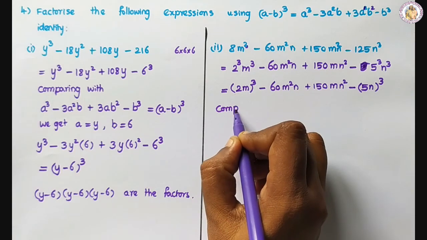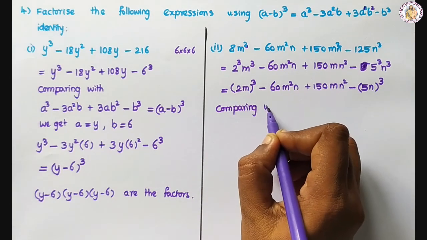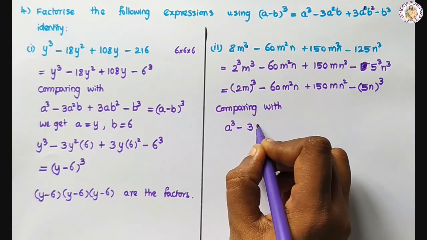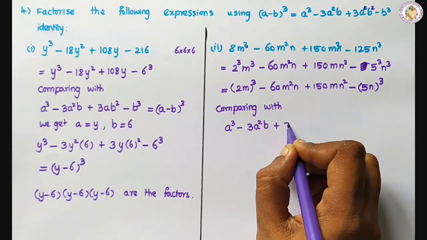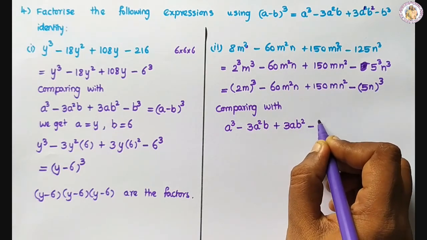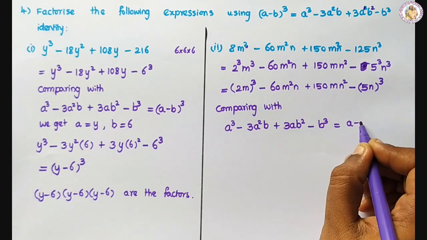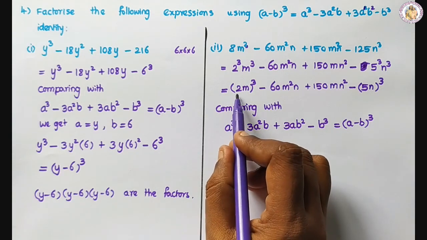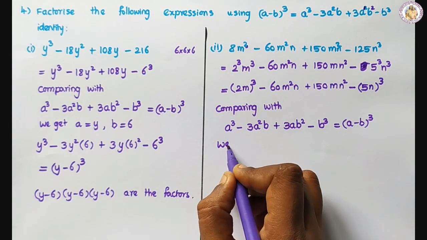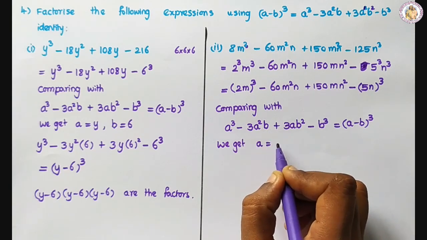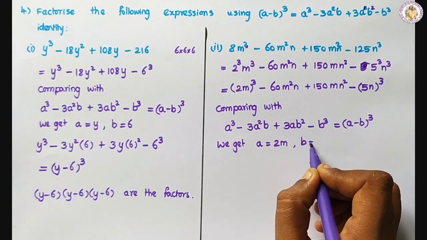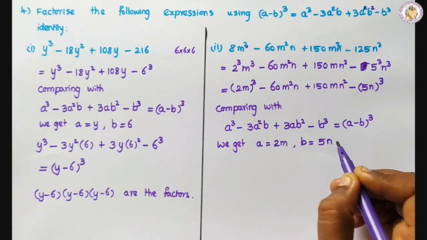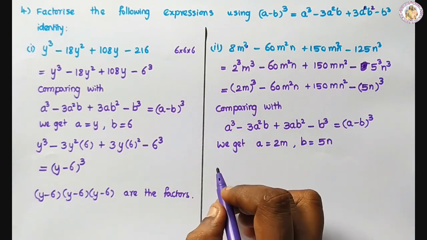Comparing this with which one? a cube minus 3a squared b plus 3ab squared minus b cube equal to (a minus b) whole cube. For a cube, we are given 2m, so we get a equal to 2m, and b cube, here (5n) cube, so b equal to 5n. Write down the expressions.